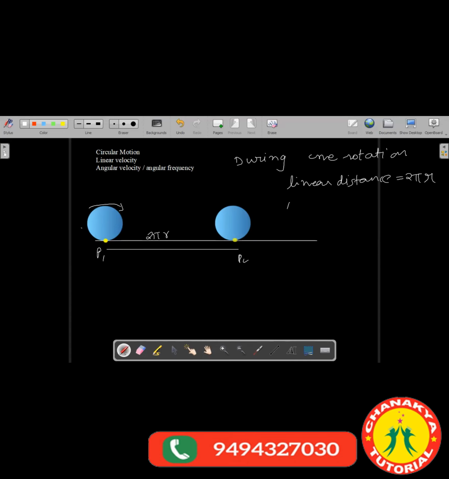And during this, the angular displacement, if I find it out, what can you tell me the angular displacement that it has traveled? Angular displacement means how much angle this point P1 has traveled. During its rotation, the circle completes one rotation.